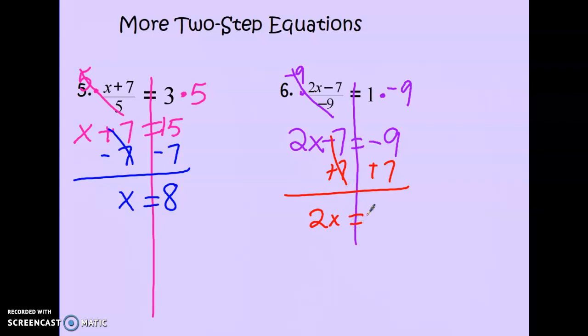Okay, I've got negative 9 plus positive 7. I've got to subtract and keep the sign of the one that's larger. Subtract, I get 2. 9 is larger, so it is negative. Okay, so my next step, I've got to divide both sides by 2. Negative 2 divided by positive 2 is negative 1.